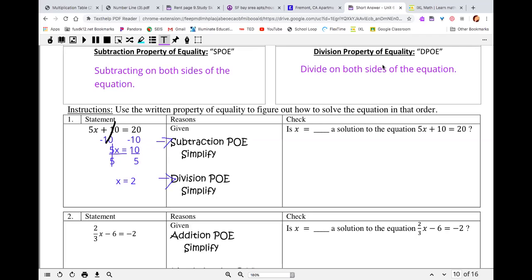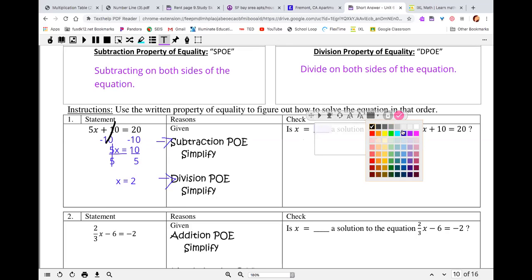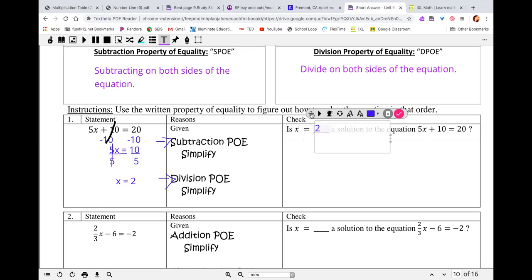Now we go over here and it says is blank. So is 2 a solution to the equation 5x plus 10 equals 20? So what am I doing with this 2?